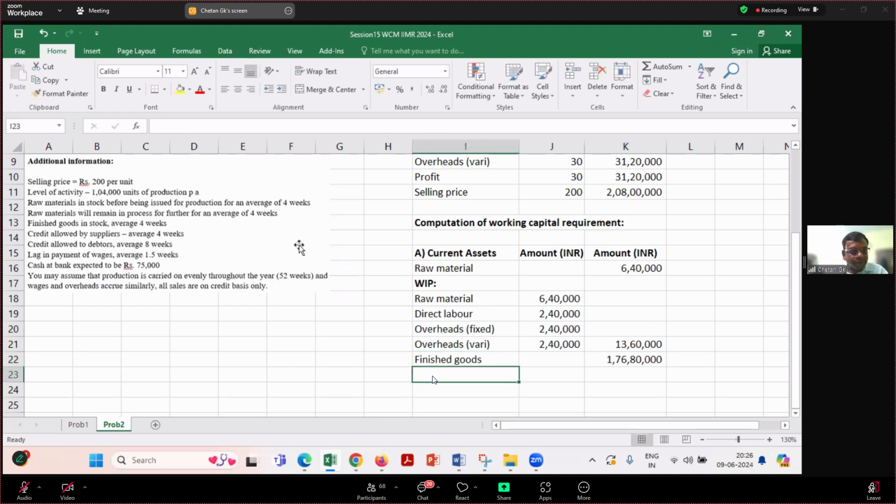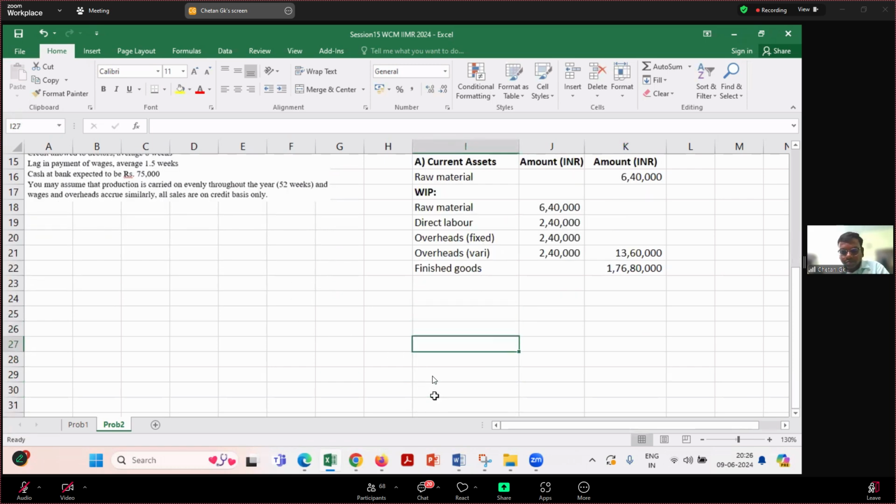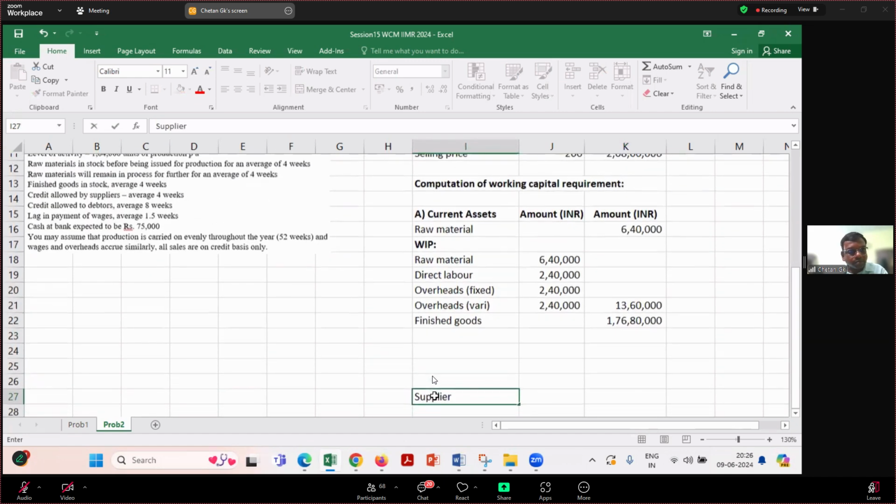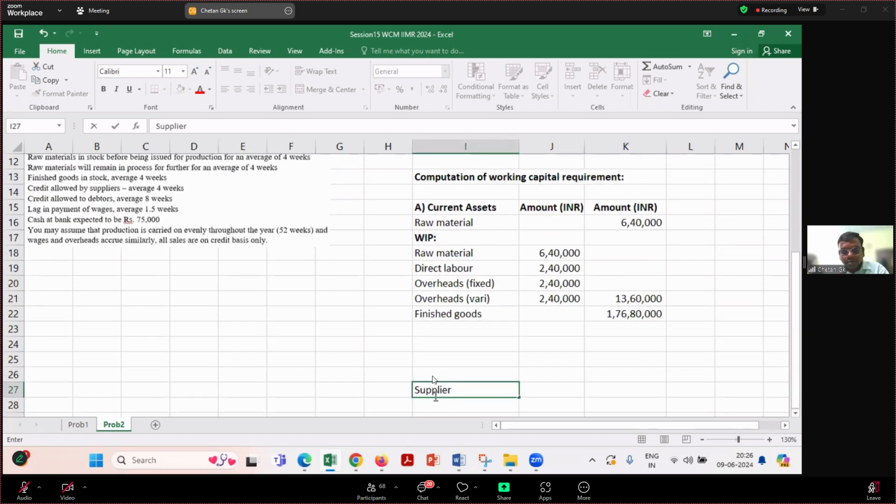Okay, so next is credit allowed to suppliers. So supplier credit is on raw material. Four weeks.